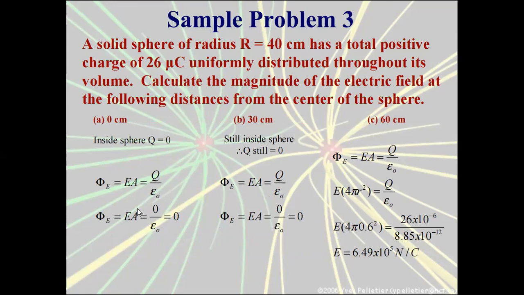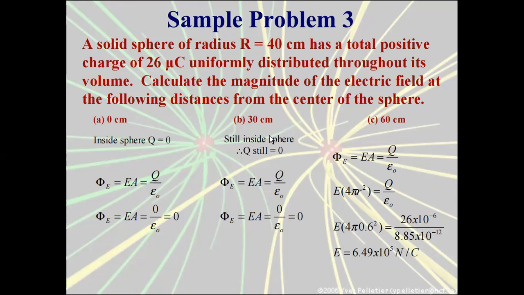For 0 centimeter, inside the sphere, Q equals 0, because the total amount of charge at the center is 0. So phi E equals EA equals Q by epsilon naught, with Q equals 0, so the magnitude of the electric field will be 0.